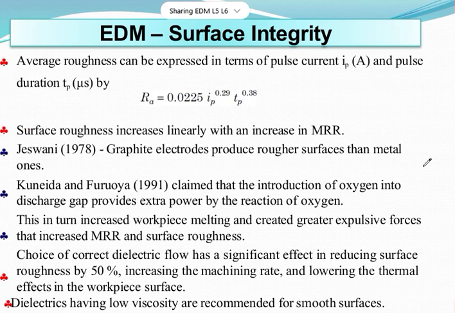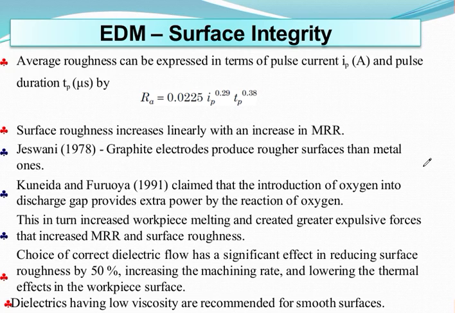The average roughness can be expressed in terms of pulse current, Ip, and pulse duration, Tp, and the formula has already been presented here. Surface roughness increases linearly with the increase in MRR. So we know that if a lot of MRR is occurring, then the quality of the surface roughness will not be a good one.